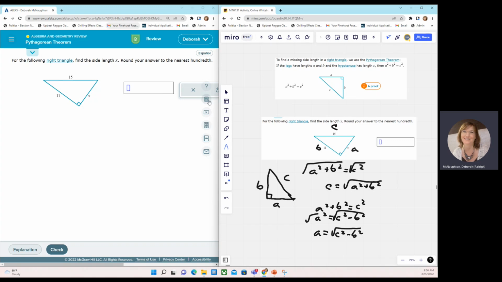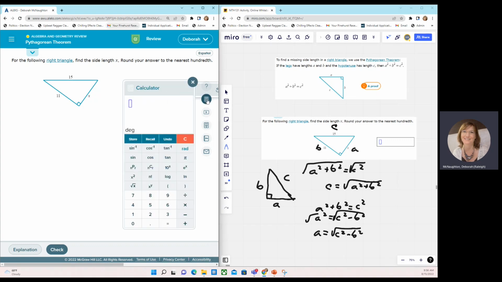Then I can use my calculator. X is the square root of 15 squared minus 11 squared.